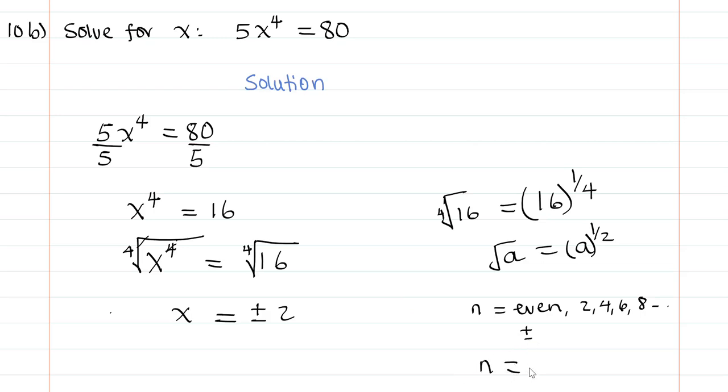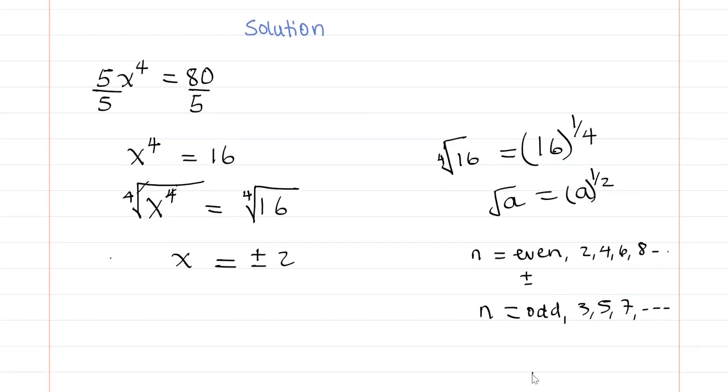But if n is odd, like for example 3, 5, 7, 9 continuously, then our answer is strictly positive for the root, but it also depends on the sign before the root. So the nth root that I was meaning is this nth root of the number a.